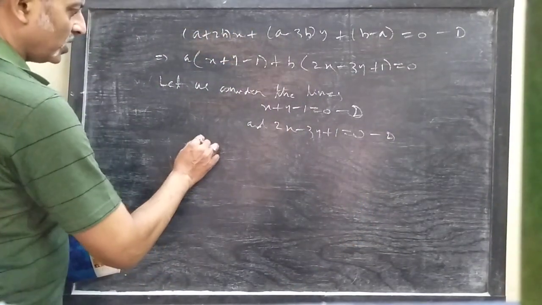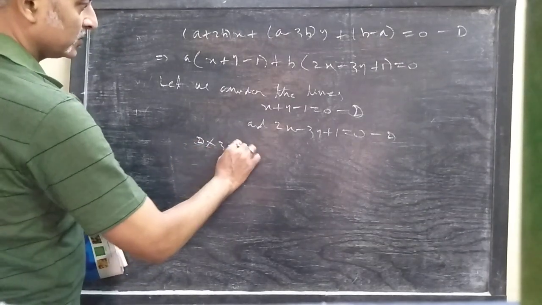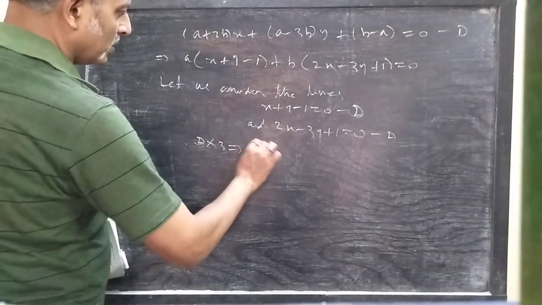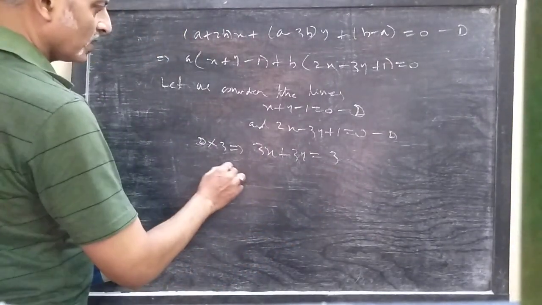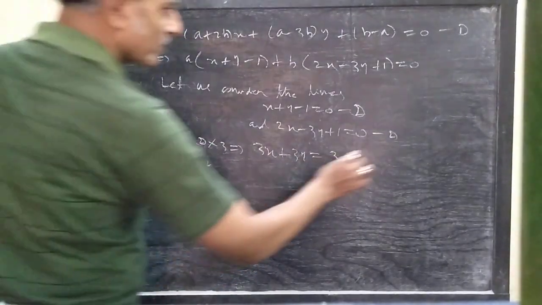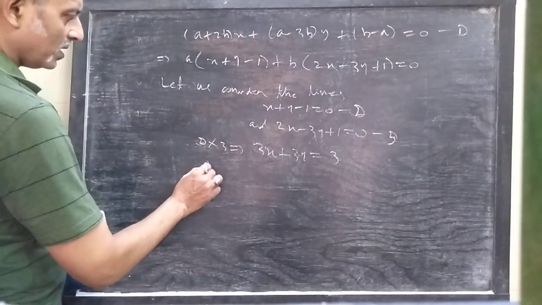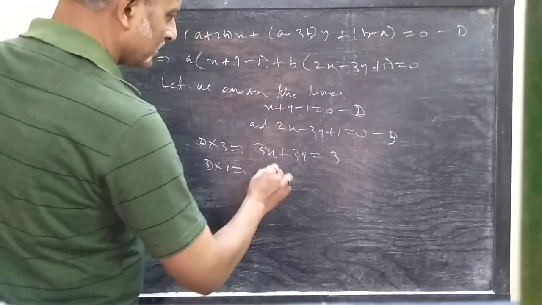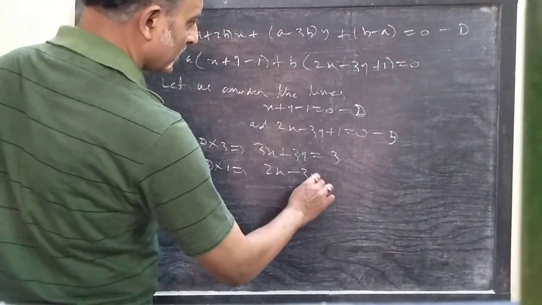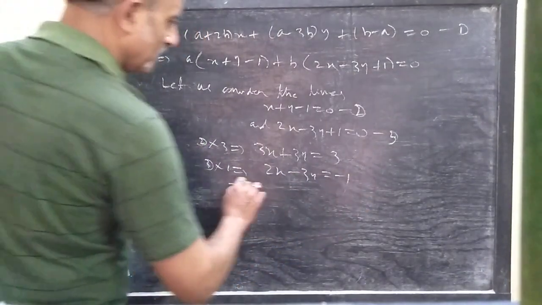Let us solve these two equations. Multiply 1 by 3, you get 3x + 3y = 3. Multiply 2 by 1, that remains unchanged, 2x - 3y = -1. Just add them.